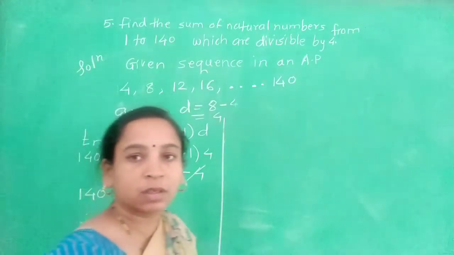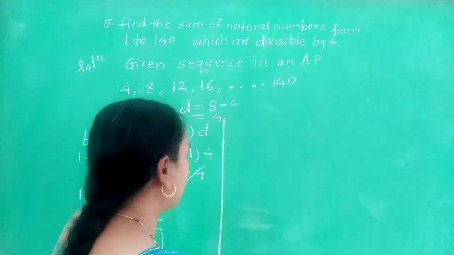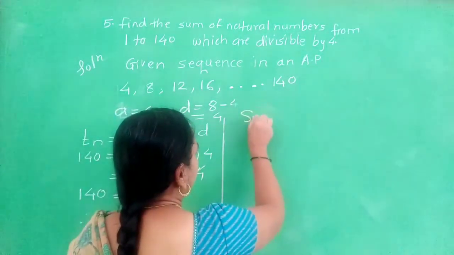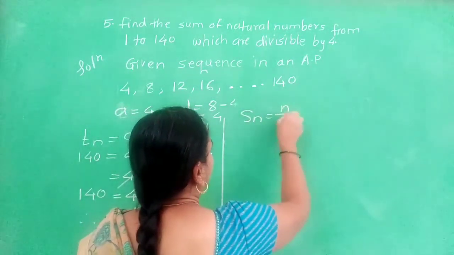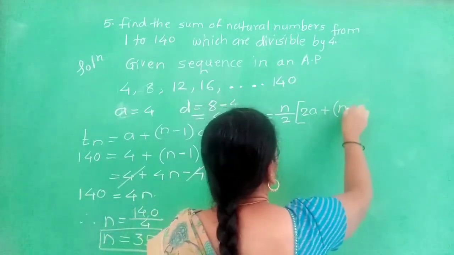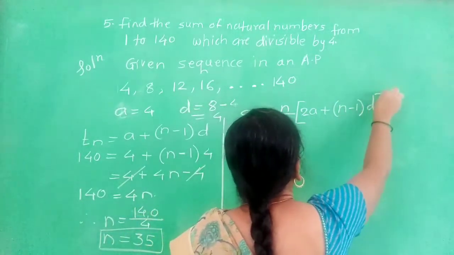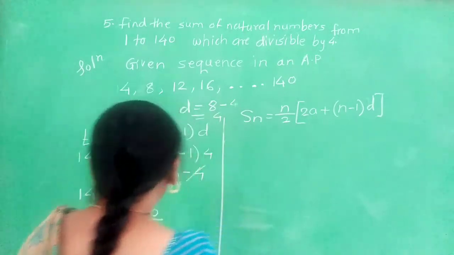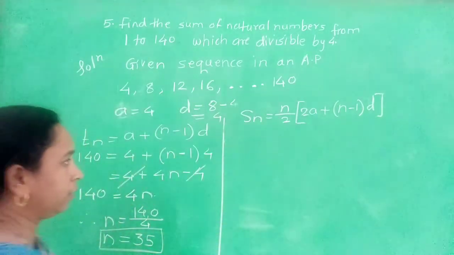Now we will use the formula of Sn to find out the sum of 35 terms. So Sn is equal to n upon 2 into 2a plus n minus 1 into d. Here n's value we have got is 35.